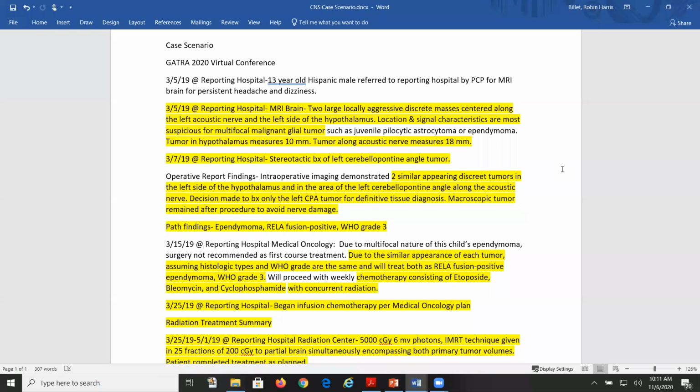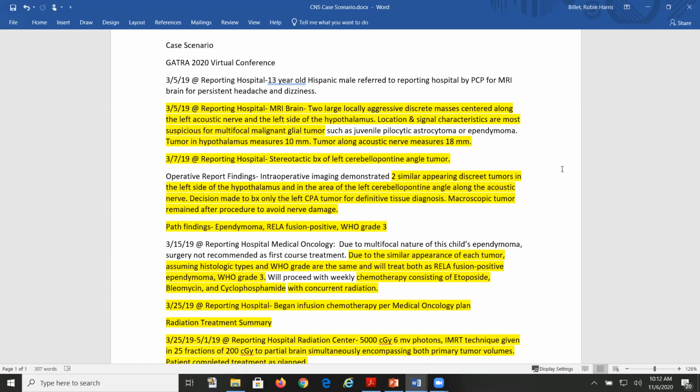And there's a statement, macroscopic tumor remained after the procedure to avoid nerve damage. So we have that only the acoustic nerve tumor was biopsied and that residual tumor remained after the stereotactic biopsy.